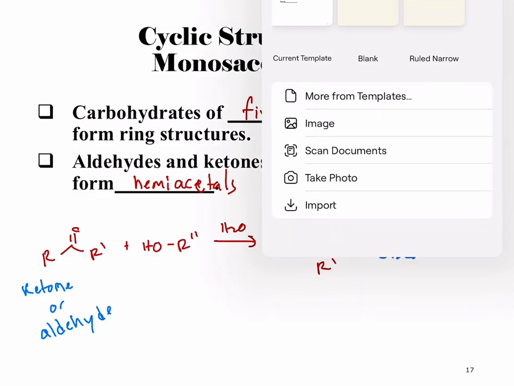And so how we get to a ring structure is, let's say we have a simple 1, 2, 3, 4, CH2OH, H, H, OH, OH.